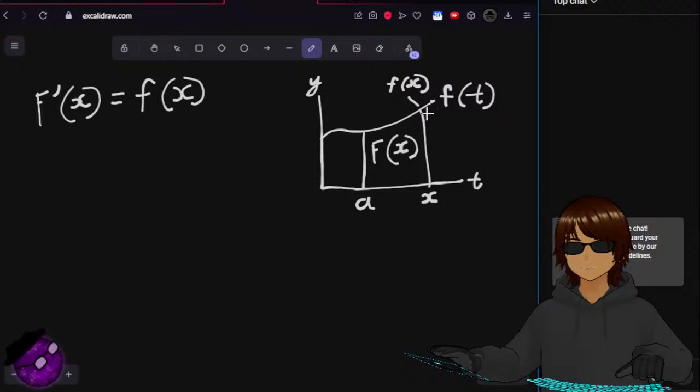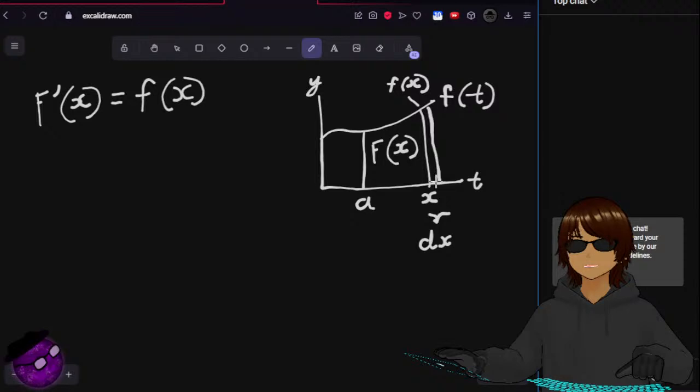So let's say here this is dx, but dx is like infinitely small. I don't know if that's how you say it. So like it is smaller, smaller, smaller, infinitesimally small, I think.